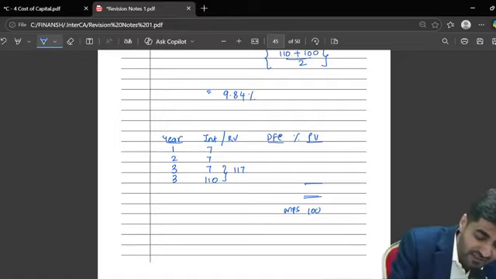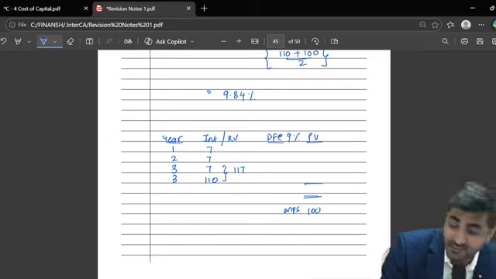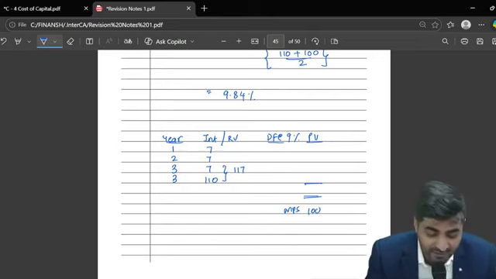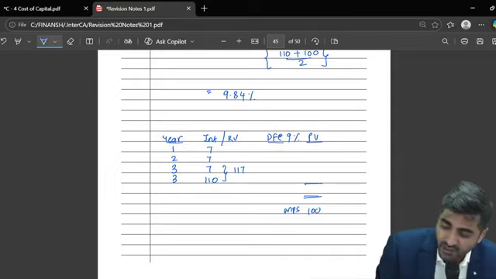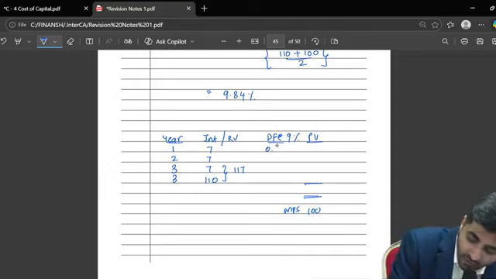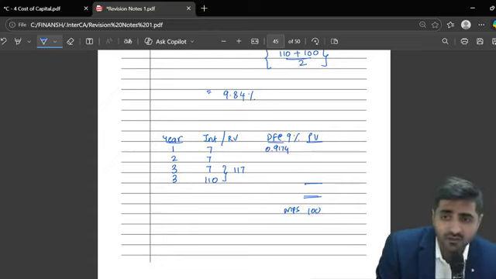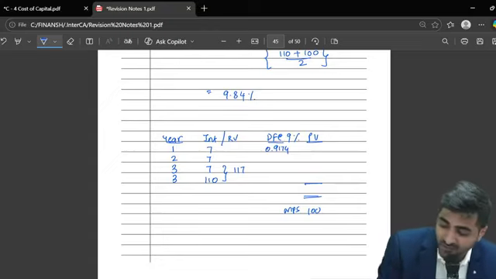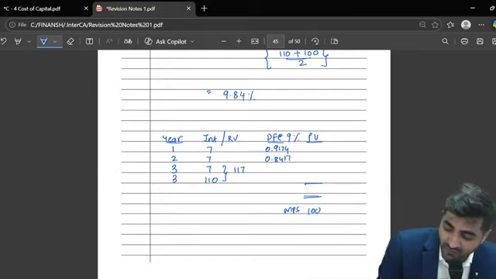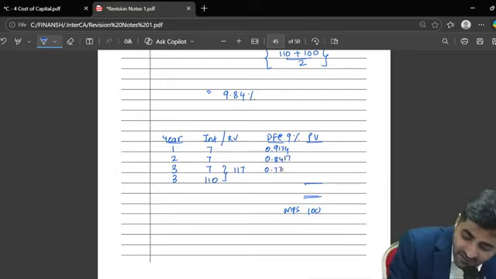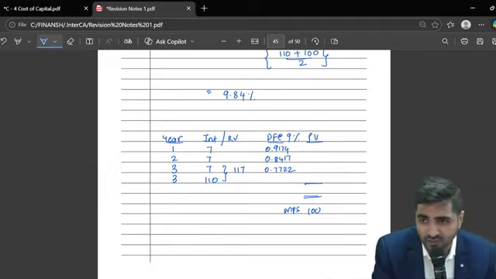So I will first take a discounting factor of, let's say for example, 9%. If I'm taking a discounting factor of 9%, can I say this will be 1 divided by 1.09? So my first PV factor will be 0.9174. My second PV factor will become 0.8417. Third one will become 0.7722. I hope you all know how to do this, right?